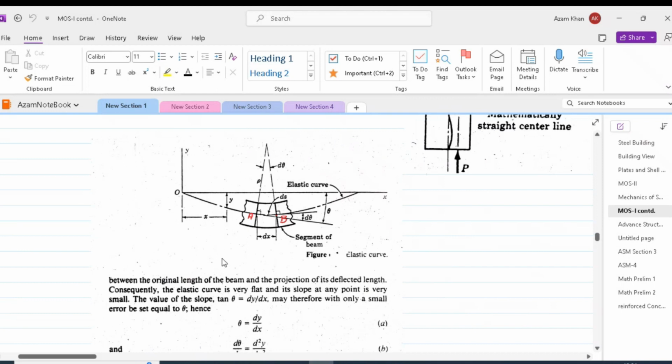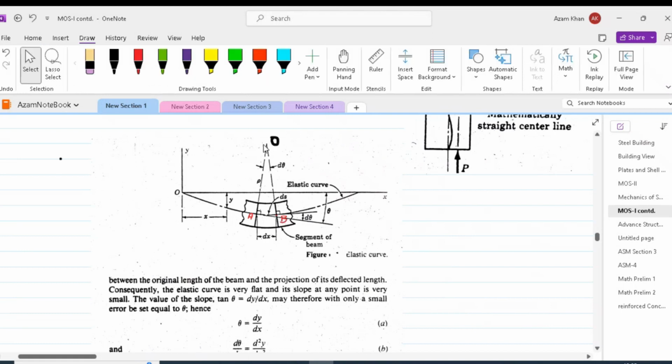In the case of small deflection theory, we can assume that if the points are close enough to one another, then keeping O as center, we can draw a circle which will touch the 2 points A and B, and also all the points in between A and B. The radius of that circle can be called the radius of curvature.